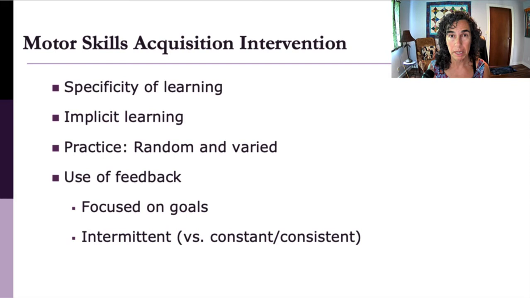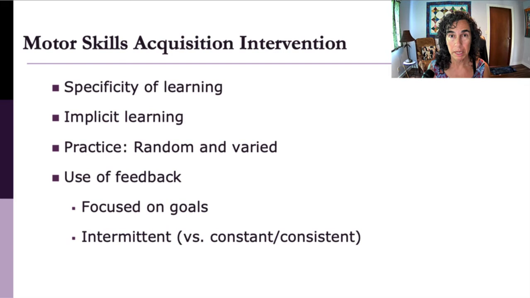So if I say to a child, we're going to work on throwing a ball, and I stand 3 feet away and we use a large playground ball, and they throw with the same distance, the same ball, the same person, me, all the time, that is not going to be as effective as if I use different balls, as if I stand different distances away, as if I do the practice with me and then with somebody who's shorter or somebody who's taller or another child, right? So practice being random and varied is super important.